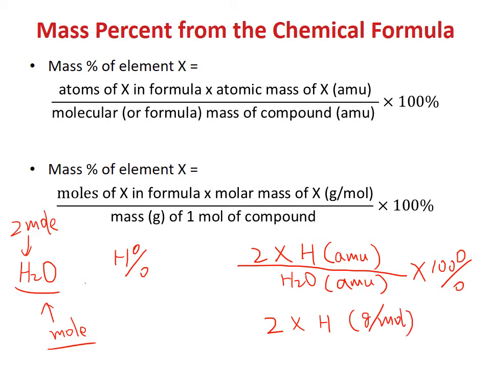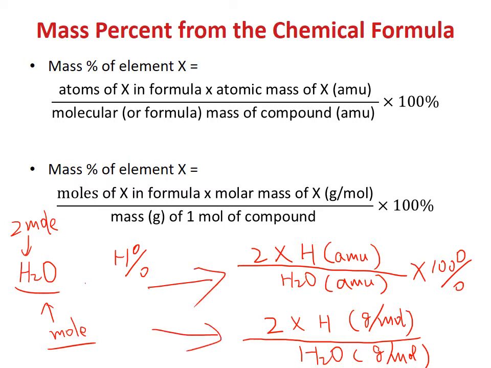Then divide by the molar mass of water, so in this case it's gram per mole. So one looks at one molecule, the other looks at 1 mole of the molecule. You use molar mass.